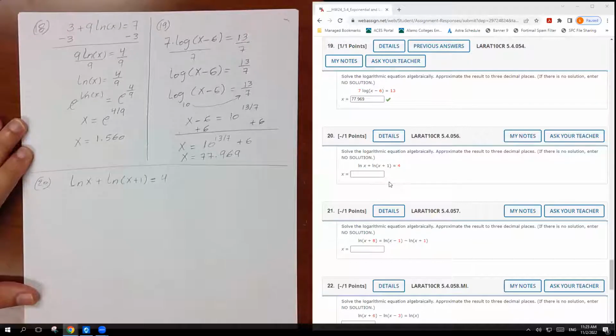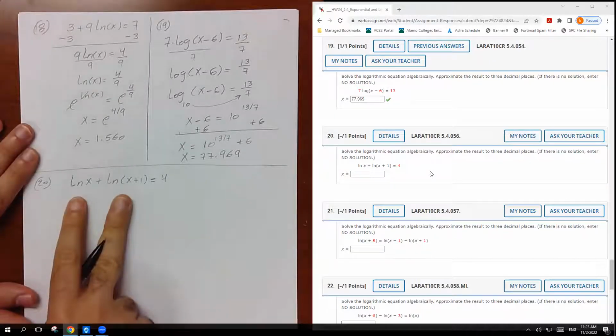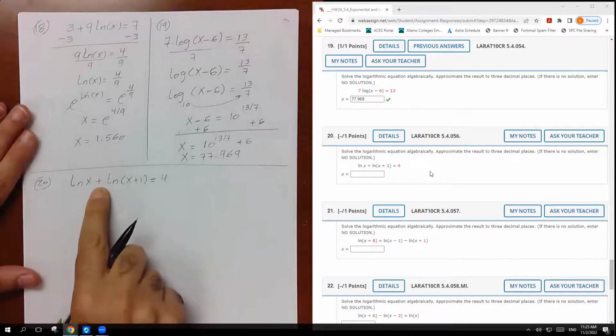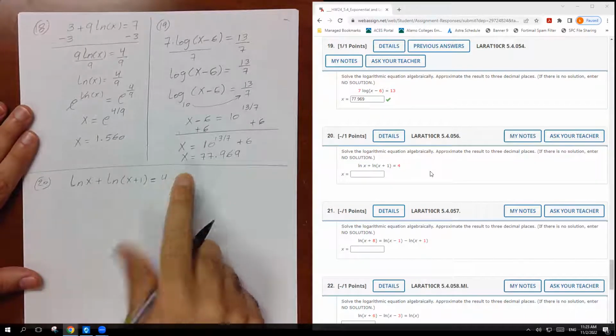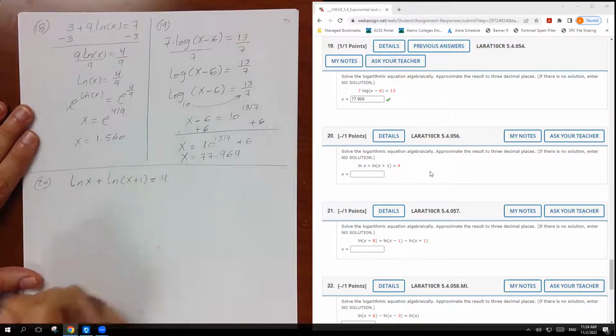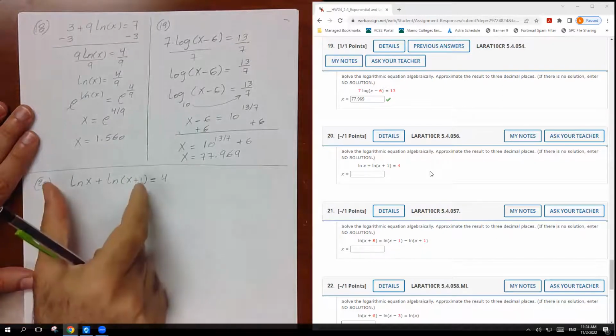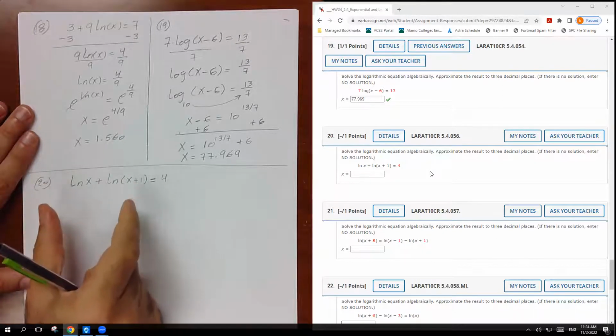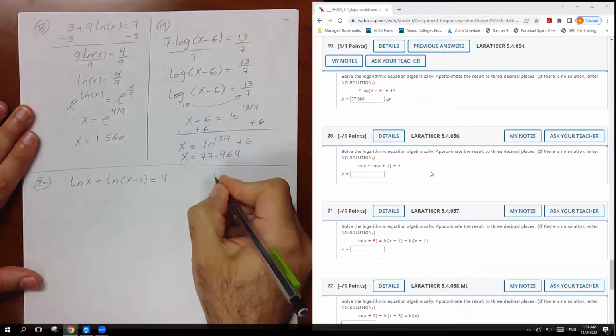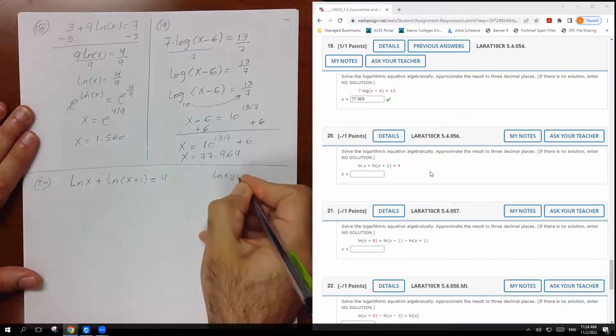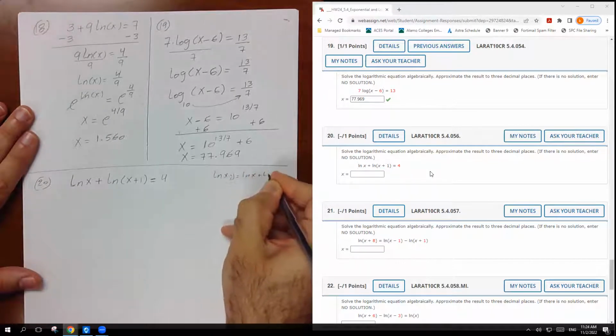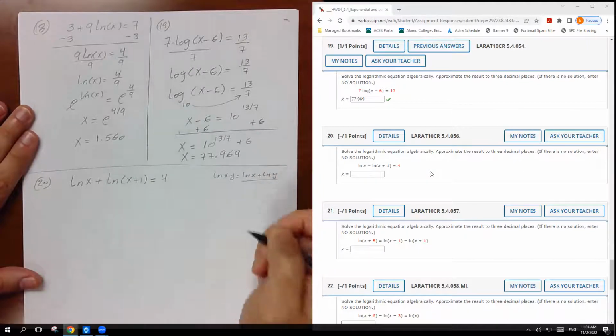Example 20, how are we going to solve this one? Because I have ln here and ln here with the plus sign, and there is no ln on the other side. So what I'm going to do here, I'm going to use the product property. If I have ln x times y, it's going to be ln x plus ln y. So I have this side.